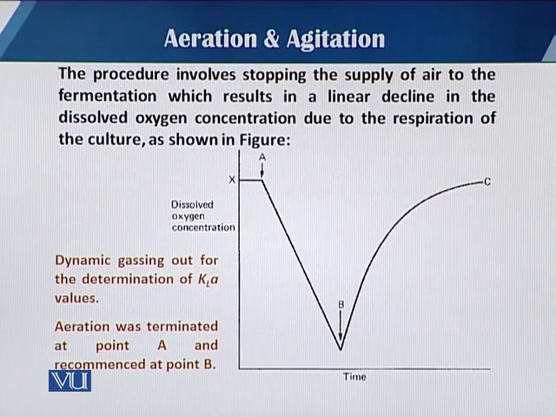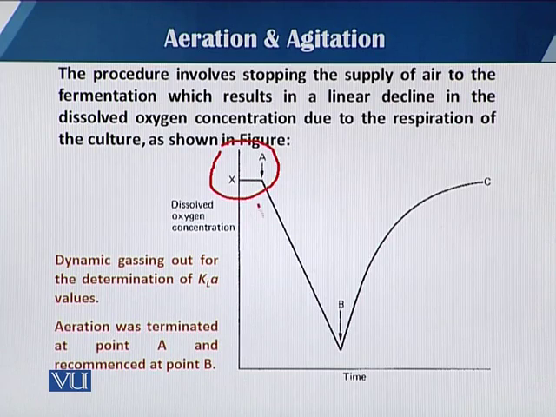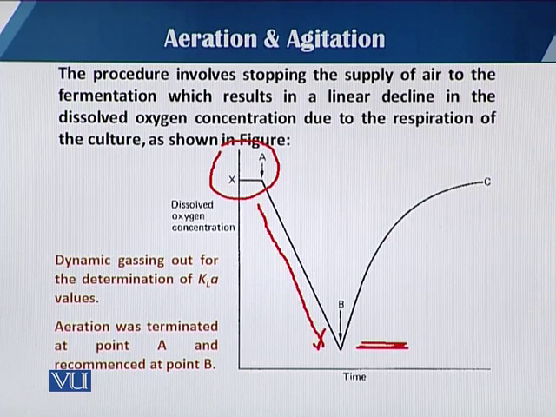You can see this in the diagram. This is the start of fermentation. When there is no aeration, you can see a gradual depletion of the oxygen that goes to a certain point, and at this point we start aeration.